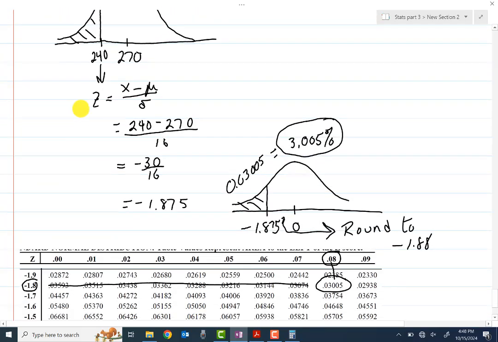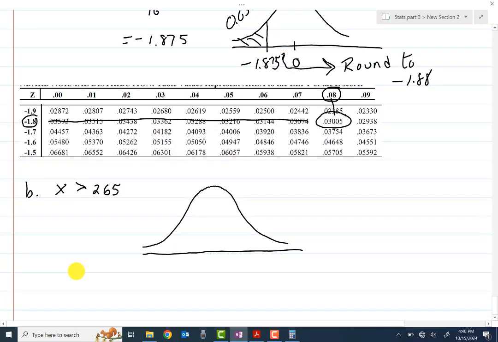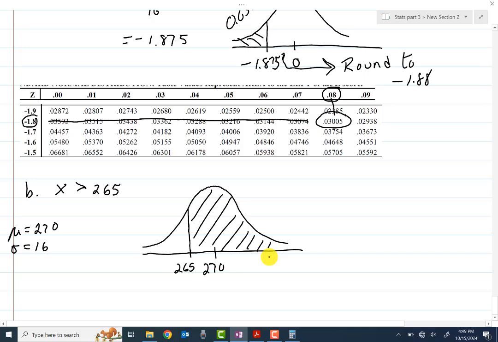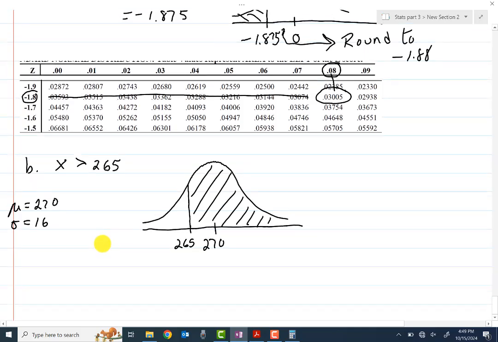Mean is 270 and standard deviation is 16. This is the situation indicated here.